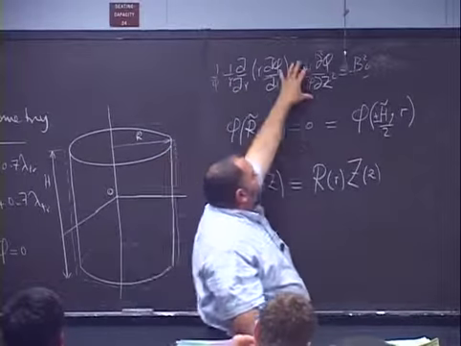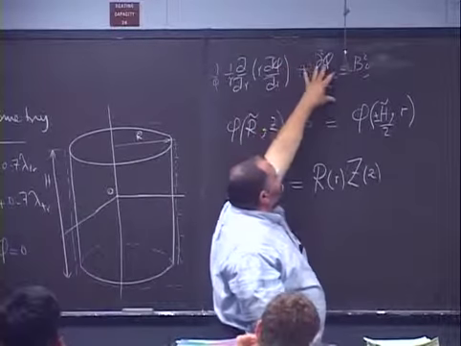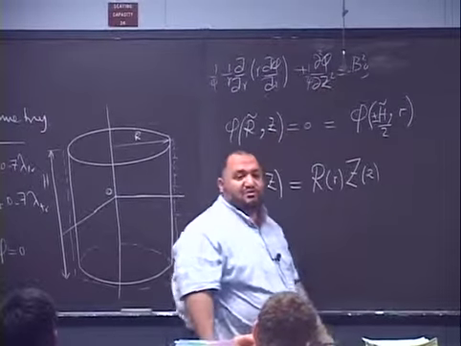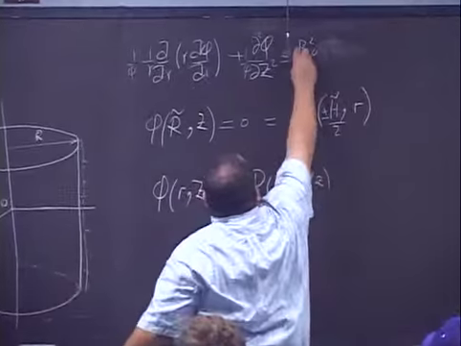And here you will have 1 over Z and d2 phi by dz squared, and this is a function of z only. And those 2 functions equal negative B squared.